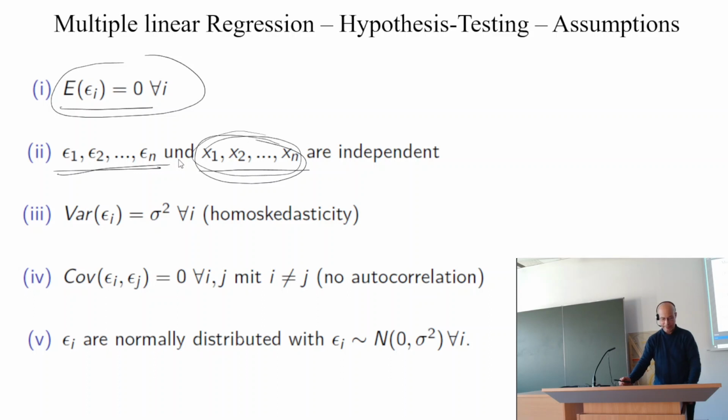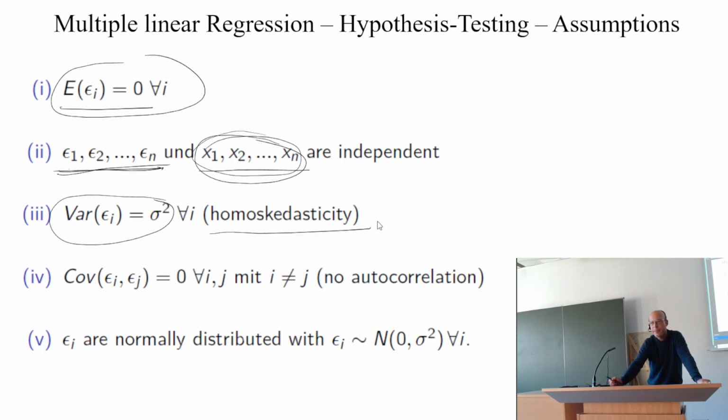And then a very, very strong assumption, also to make the calculation as easy as possible: we assume these variables are independent, but they all have the same variance. And this is also a topic which we have in the term papers.